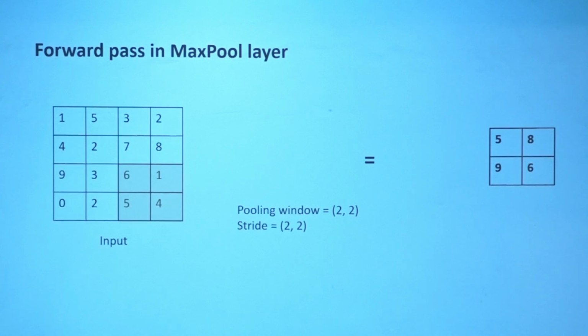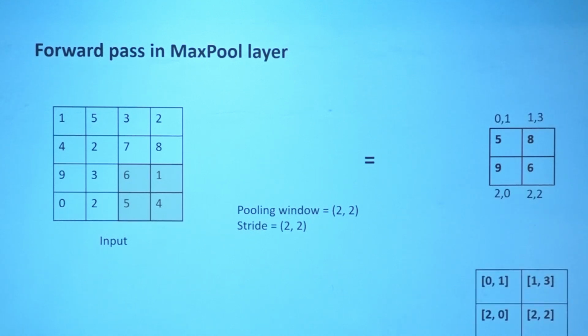Now remember carefully. This is what we know till now about what happens with the max pooling layer. It does not only take the maximum values from those regions, it will do one more step. The index positions of the input matrix from where it took those maximum values are also to be recorded. Listen carefully. If you listen, it will be easy for you to implement the logic. This 5 I got from this region's index position.